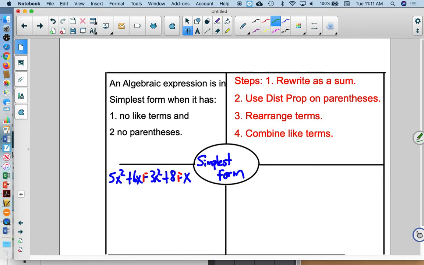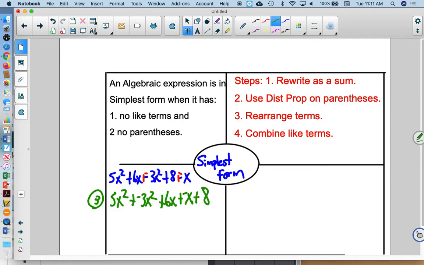On my step 3, I'm going to put a 3 out here so you know that's my step. I've got 5x squared plus negative 3x squared. Do we agree with that? Okay. Plus 6x plus negative x plus 8.